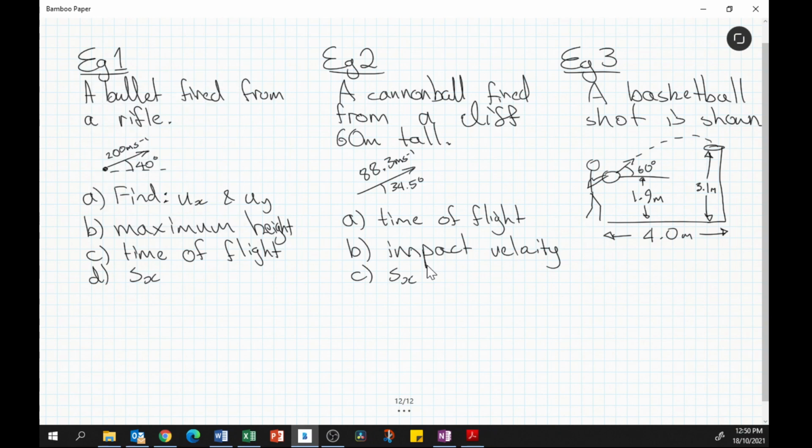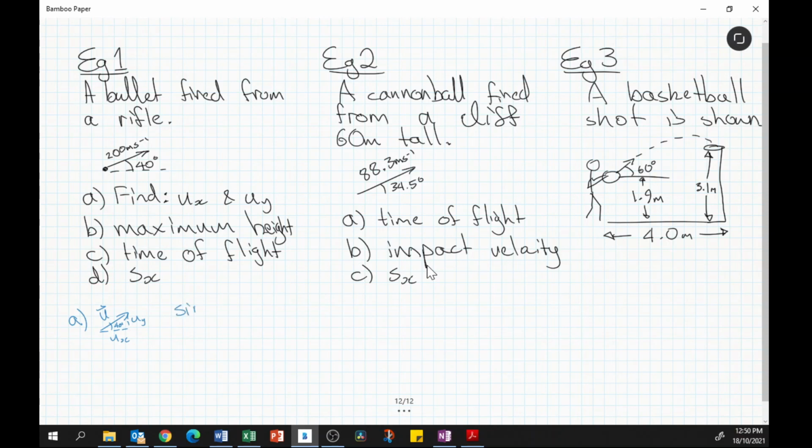And I might have to go on to the next page. I'm going to struggle to find space here, but we're looking for ux and uy. We very clearly know what u is, right? That's u. So we know that ux is going to be the horizontal component, uy the vertical component. This is just vectors in component form. We also know that that's 40 degrees.